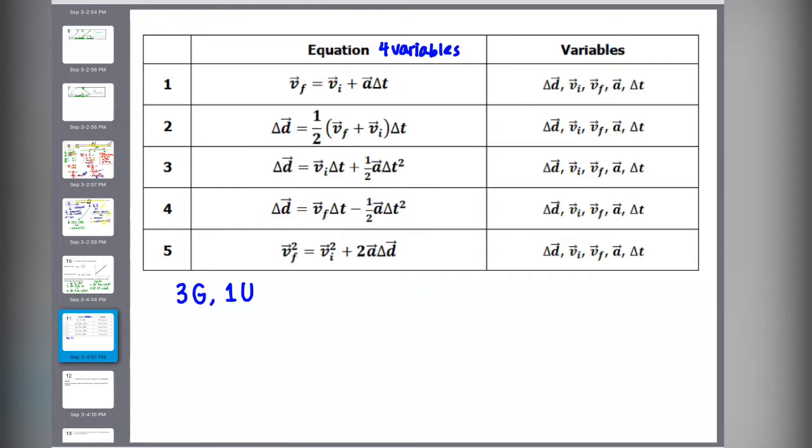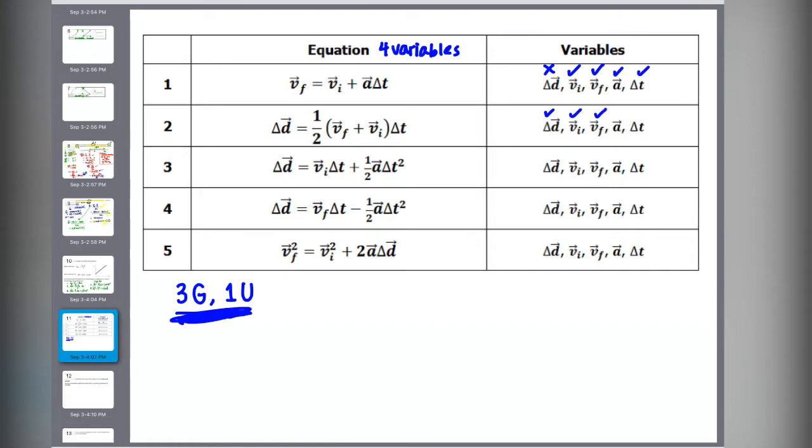Because the other thing that you can analyze is, take a look at equation 1. I have VF. If I check off VF, VI, A, and T, notice that whenever I have these 3 givens and 1 unknown, as long as I have these 4 variables, I would be using equation 1. Okay, so that means I don't have a D, or delta d, for the first equation. Repeat the process.